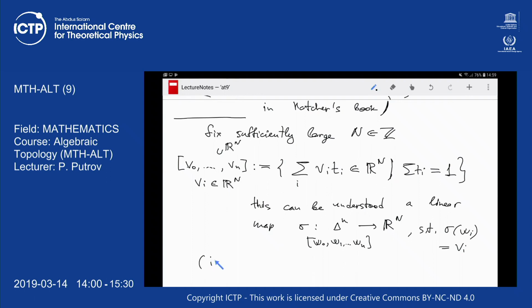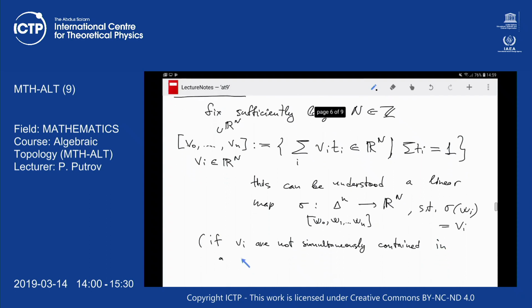So if the points vi are not simultaneously contained in an (n-1)-dimensional hyperplane in Rn, sigma is invertible.